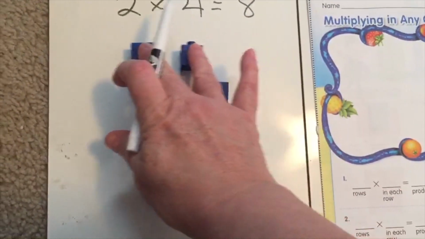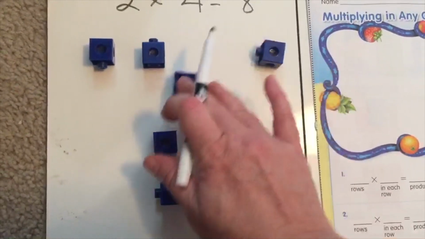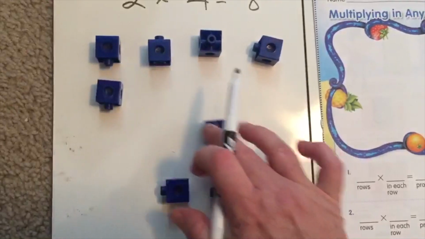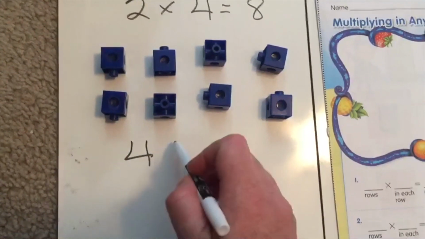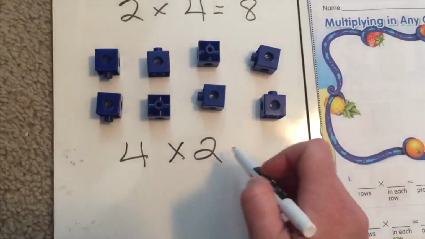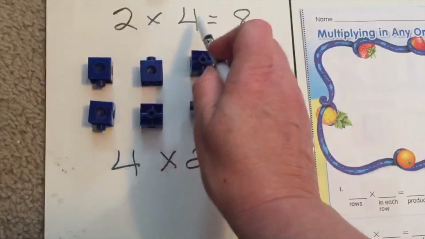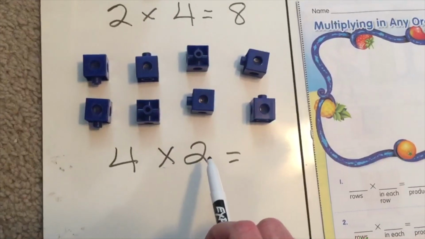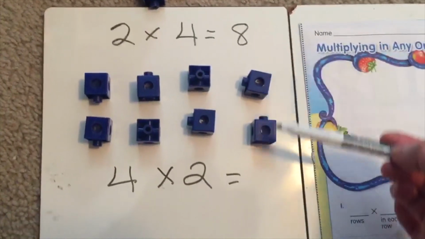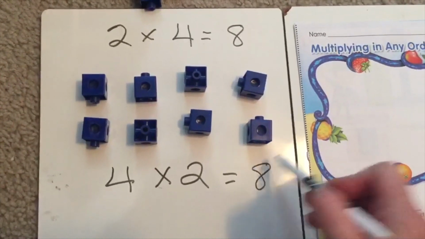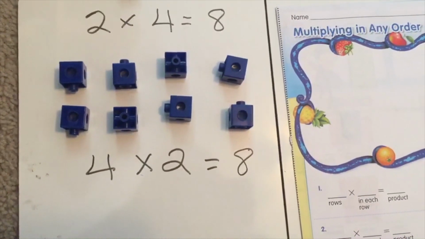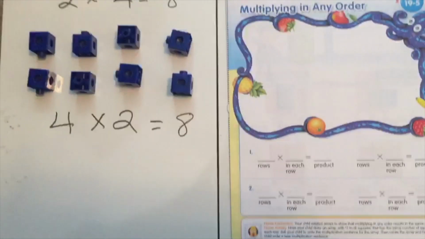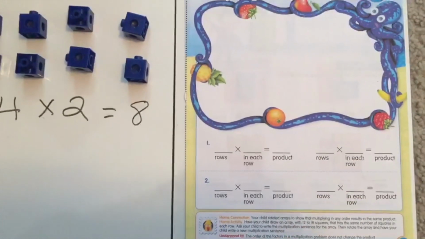But I could have 4 groups with 2 in each group. See how I have the same numbers? So my product or my answer is going to be the same. Okay? Now we're going to try some on your work mat.